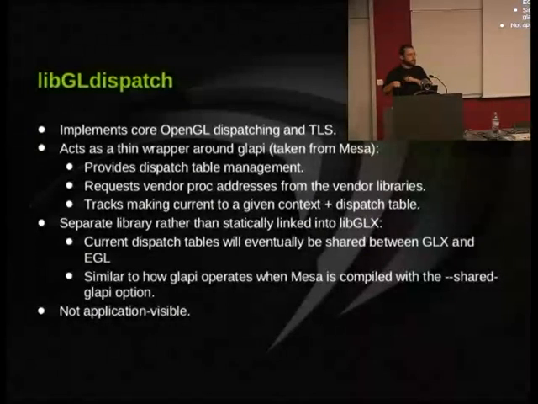It does a bunch of handshaking with the vendor implementation to get all of the function addresses, and then tracks make currents and updating dispatch tables in response to that. It is a shared library rather than being statically linked into libglx, so that we can have one instance of that shared library in the case that both libglx and libegl are in the same process.